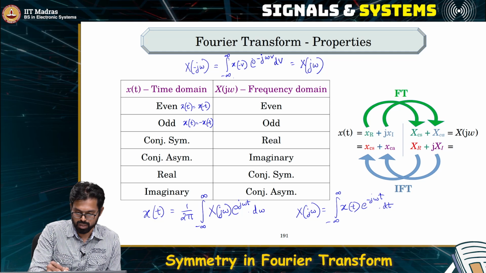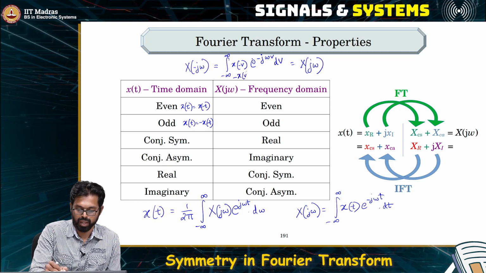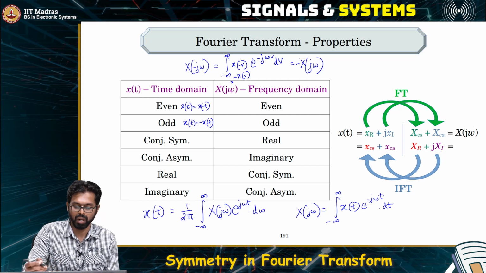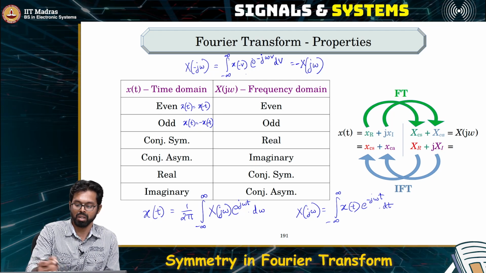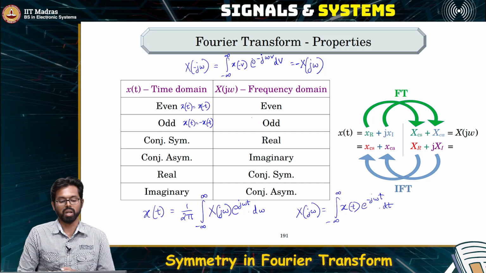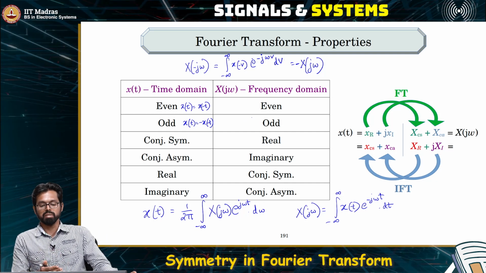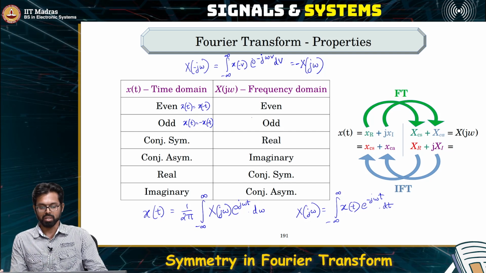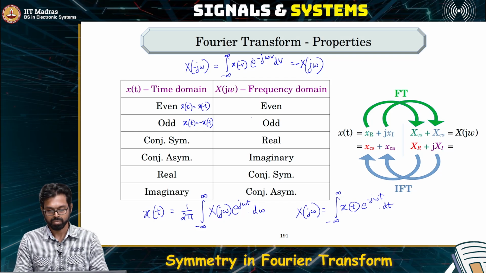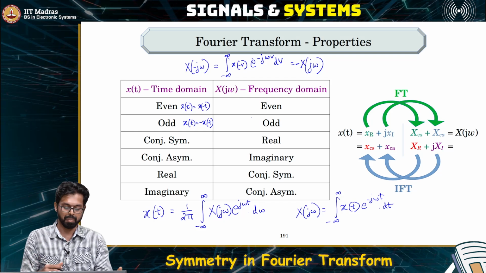Then we get that this is minus of x of v. In that case, there is a minus that comes outside, which makes the spectrum also odd. So if the time domain signal is even, then the spectrum is also even. If the time domain signal is odd, then the spectrum is also odd. Okay, so keep that in mind.